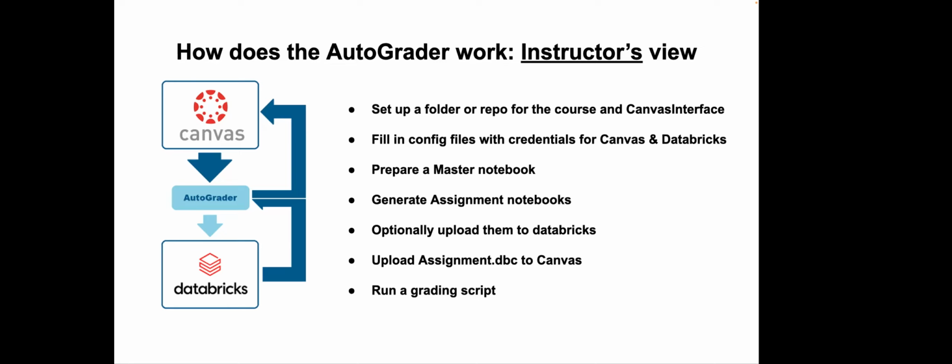Optionally, all of this can be uploaded to be stored on the university's Databricks instance, or your preferred Databricks workspace. Finally, the generated assignment notebook is uploaded as assignment 1, 2, or 3 to Canvas, which the student then downloads.